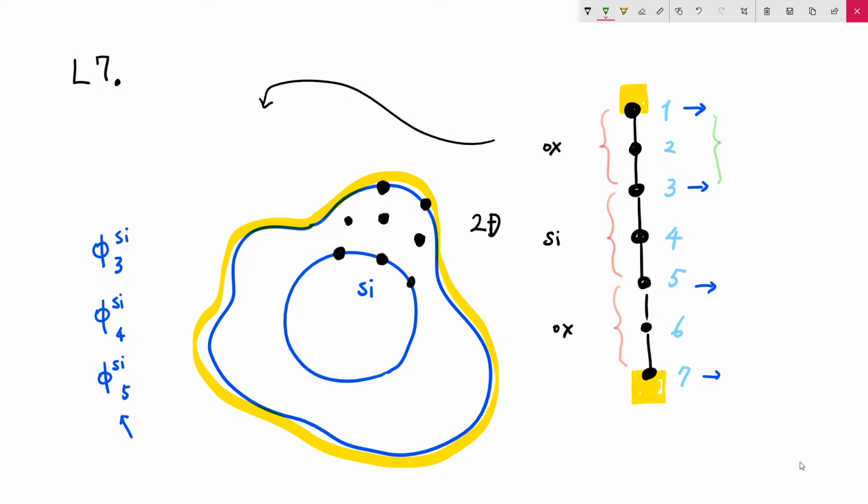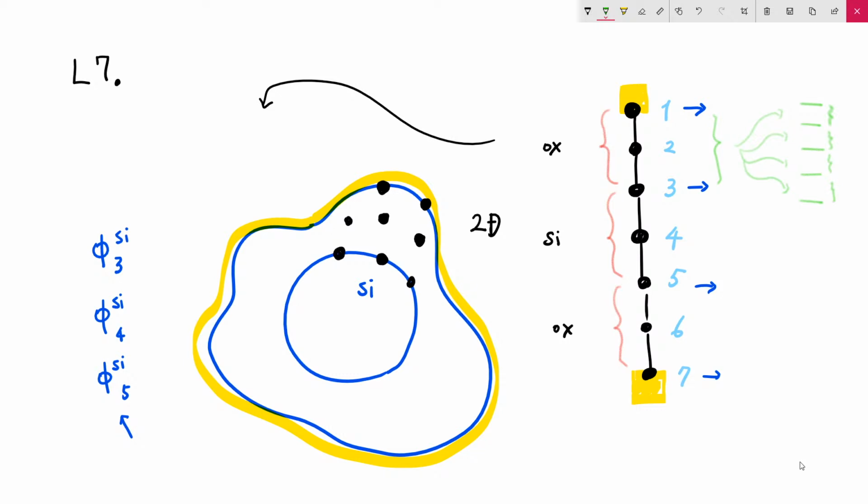So in reality, this insulator region can be divided into many substructures, and for each of them we can have a certain imperfection.